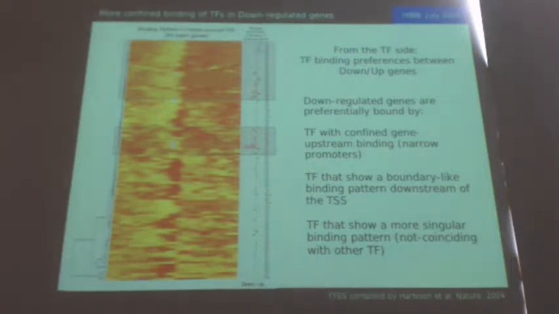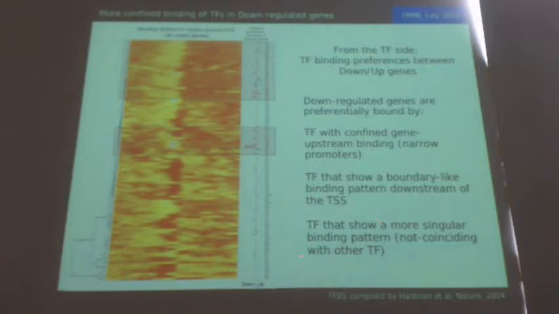This is not the case for the majority of the transcription factors. And again, we are talking about binding sites, not real experiments. But one thing that is showing up is that for these specific traditional-like transcription factors, there is a tendency for them to be found in the downregulated genes.